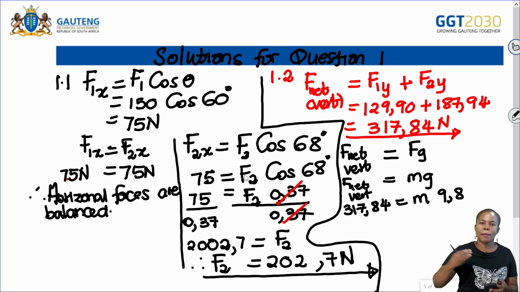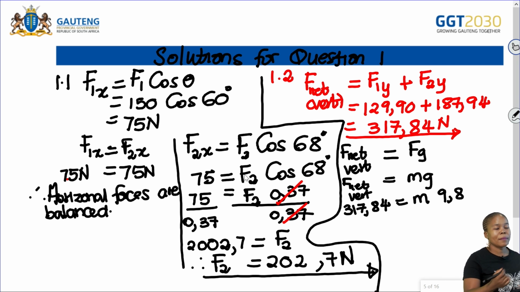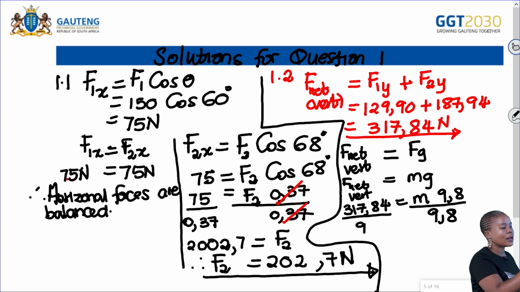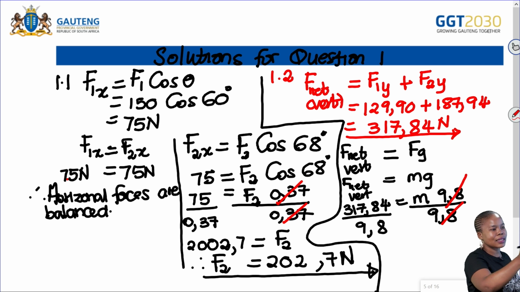We're not looking for m times 9.8, we're looking for mass, which is your m in this case. So we divide by 9.8 on both sides, so that this 9.8 cancels that 9.8, and we are left with m on the other side.